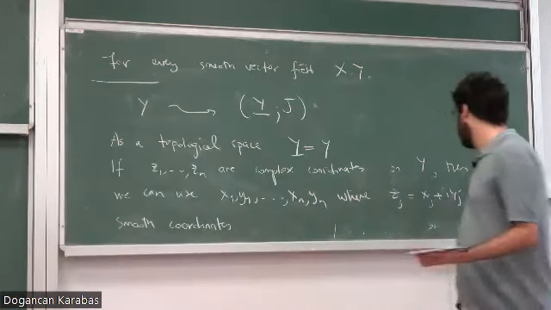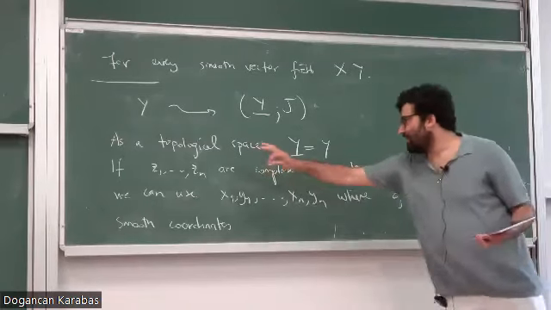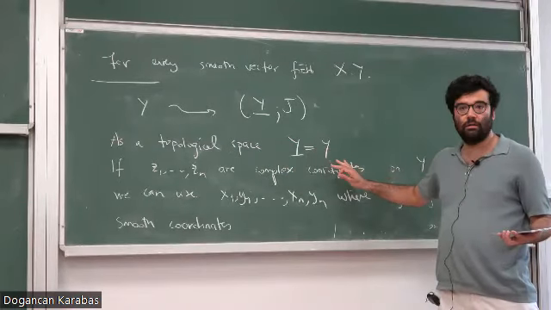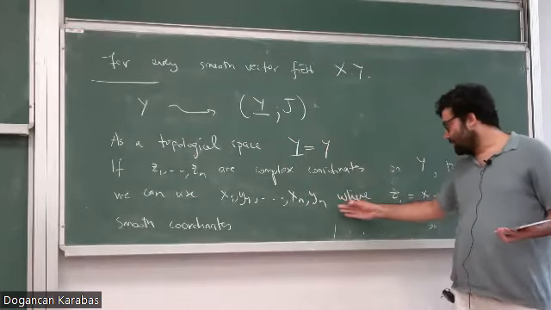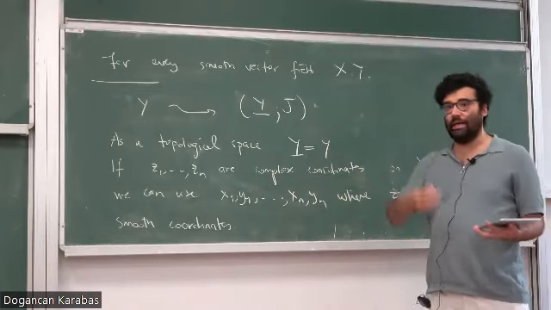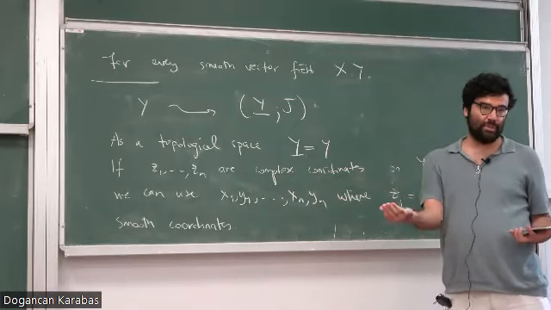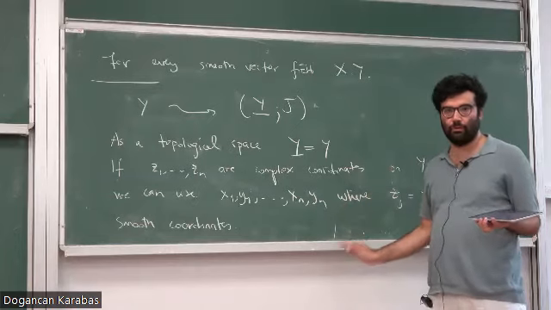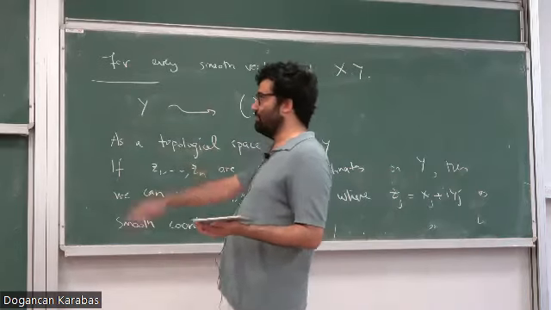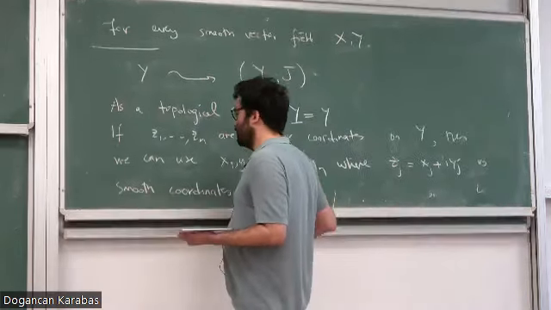These holomorphic coordinates are defined in some open subset of Y, and in that same open subset I can introduce these smooth coordinates, and the corresponding transition maps will be smooth. So I get a smooth manifold. That's the first part of this.